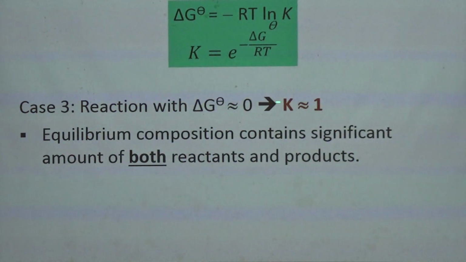So when K is equal to 1, you have an equilibrium mixture that largely contains significant amounts of both reactants and products. You don't favor more reactants over product, nor do you favor more product over reactant.